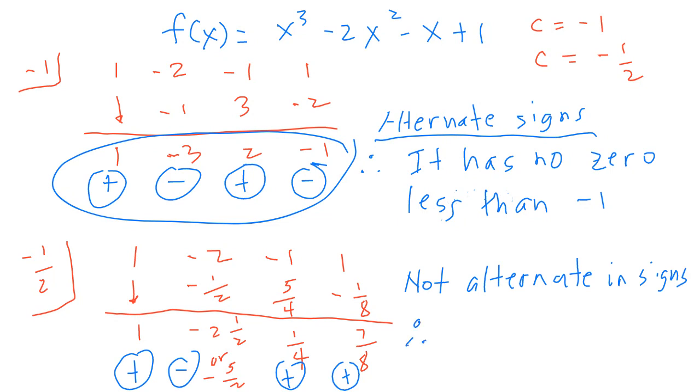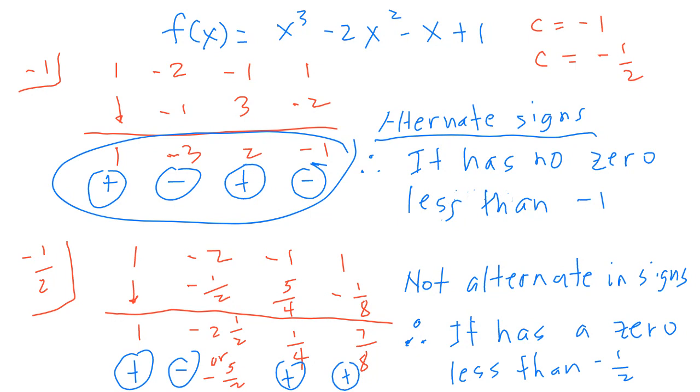So therefore, we can make a conclusion that f of x has a zero less than negative 1/2.